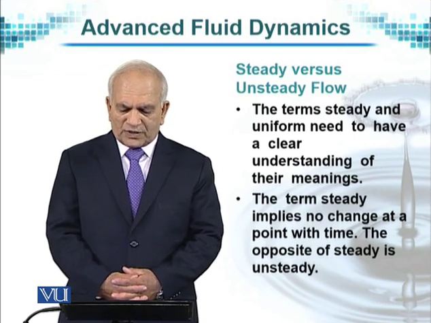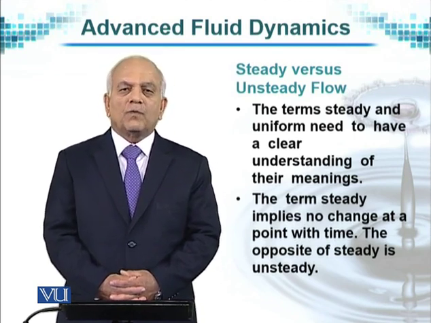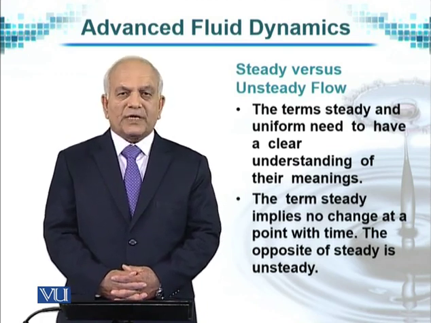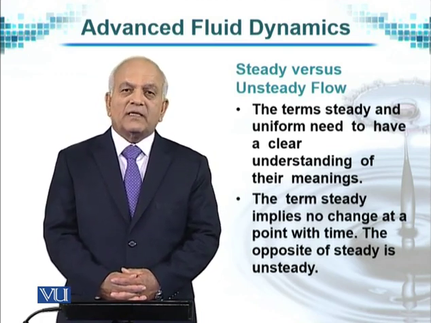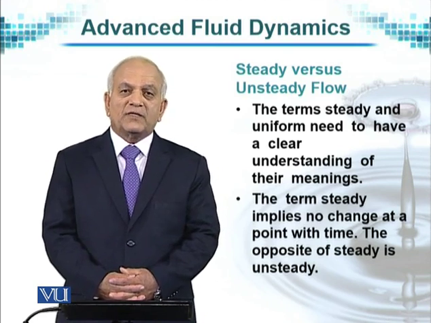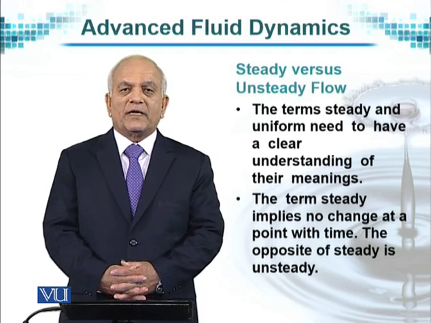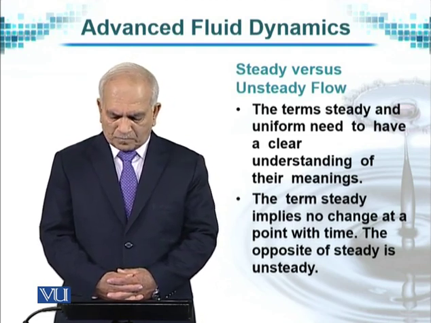So we need to understand what we mean by steady flow, what we mean by unsteady flow, and so on. And then when we apply it to the equations of motion, how do we apply it? What conditions do we put?